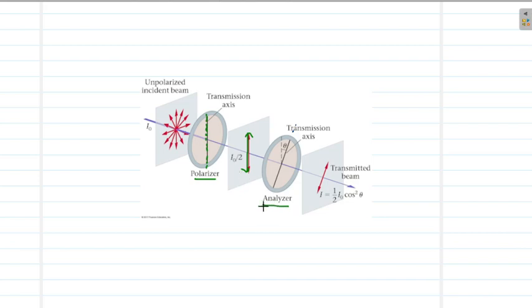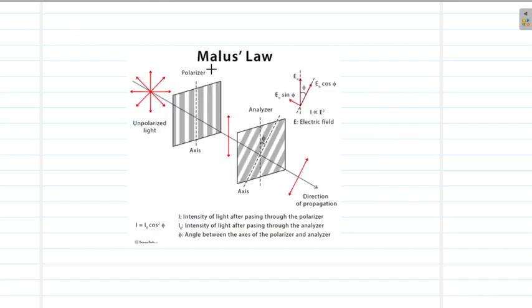When we come to this analyzer, it obeys Malus law when it transmits a light ray. So let us study Malus law. According to Malus law, if we have plane polarized light whose plane of polarization is defined, and it passes through an analyzer whose transmission axis is aligned at an angle theta with that plane of polarization, then the intensity of the transmitted light and the intensity of the incident ray are related as I equal to I1 cos square theta.